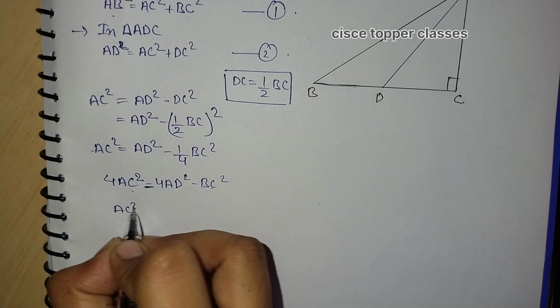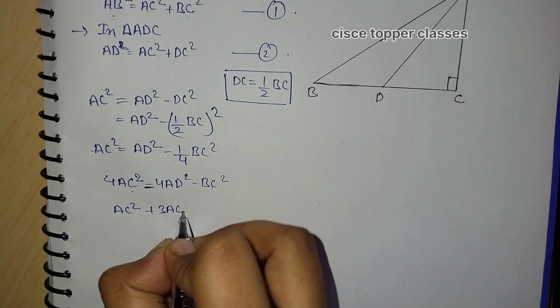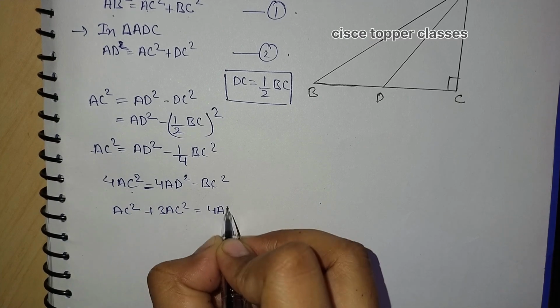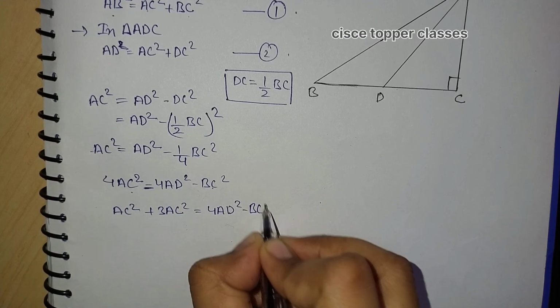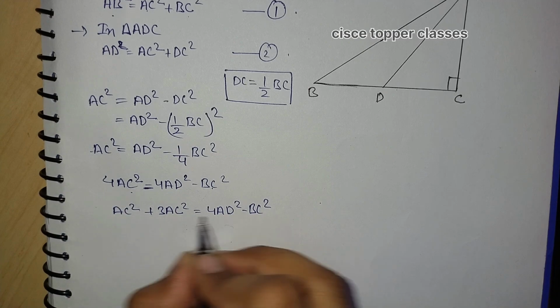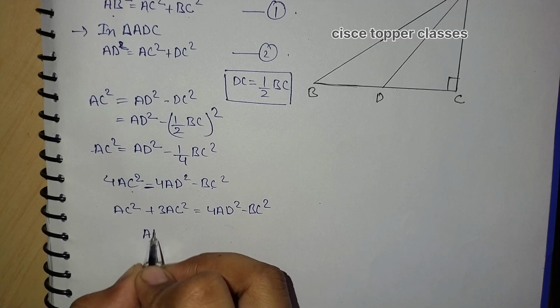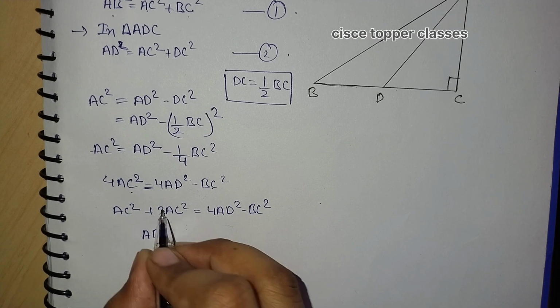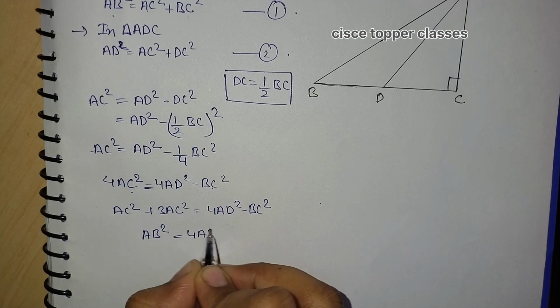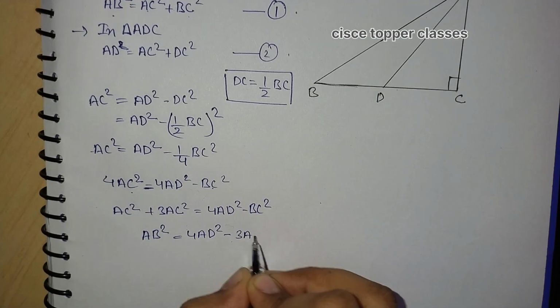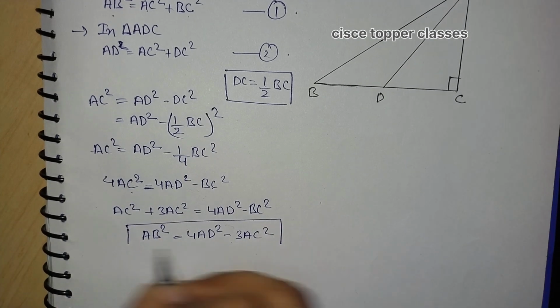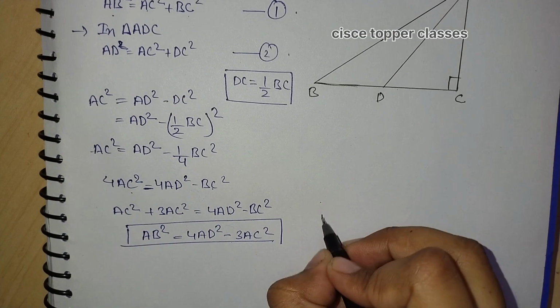So we can write it as AC square plus 3AC square equal to 4AD square minus BC square, equal to AC square plus BC square will be AB square, and it will be 4AD square minus 3AC square. So this is only we have to prove, hence proved in this question here.